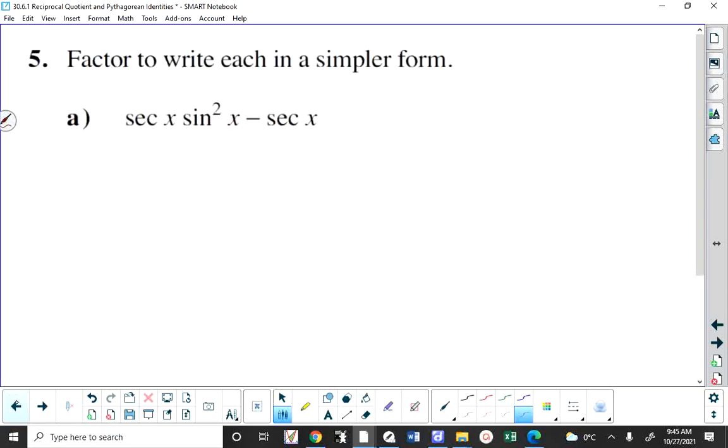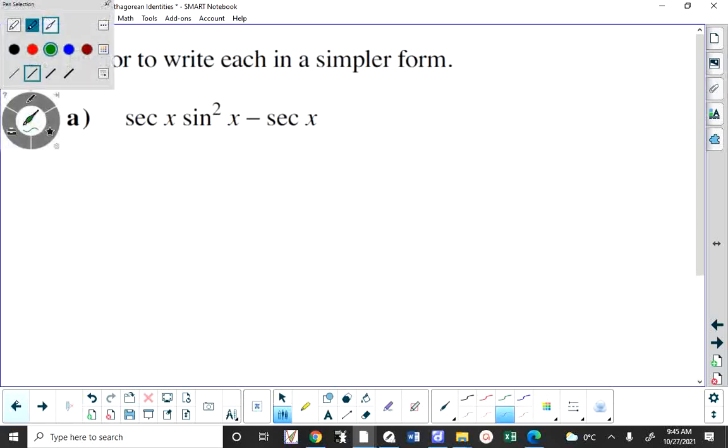We're asked to simplify this. Now, I look at this immediately and I see there are actually two other ways to do it. Factoring is an amazing tool at times because I have two terms here: secant of x sine squared of x minus secant of x, and I can factor secant of x out.